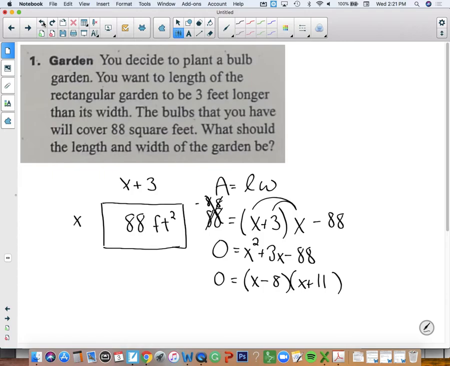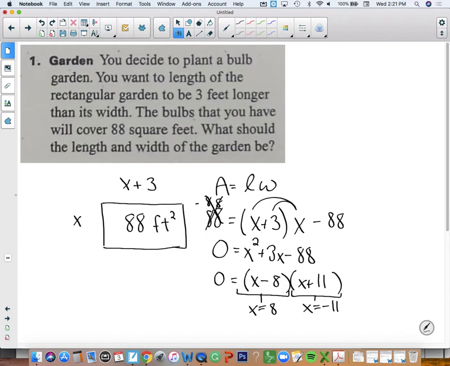Sure do. So then the zero product property says that I can set each of these pieces equal to 0 and get my solution. This one would give me x equals 8, and this one over here would give me x equals negative 11. Now we are working with area, so a little number sense here. Do you ever want a negative side length? Because these x values that we solve for are essentially the side lengths of our rectangle.